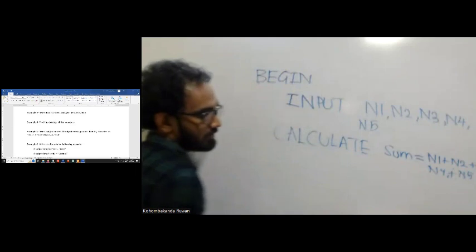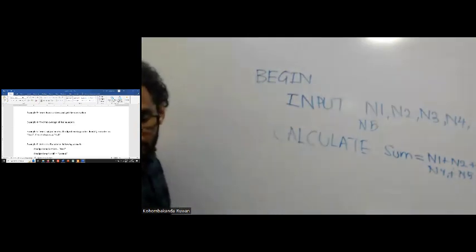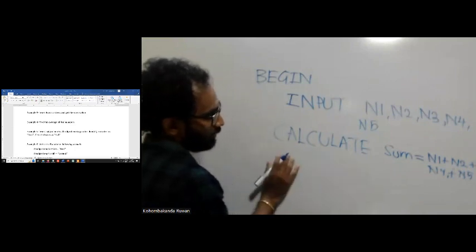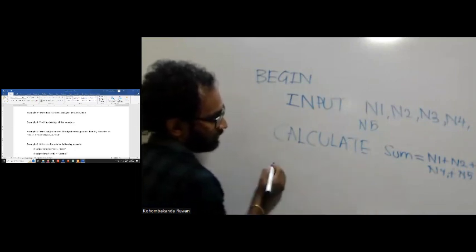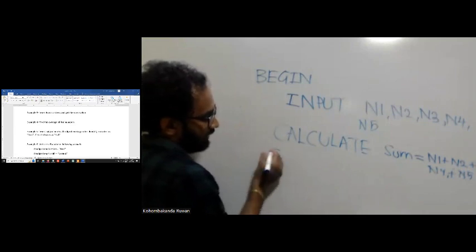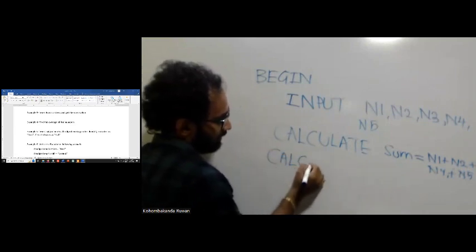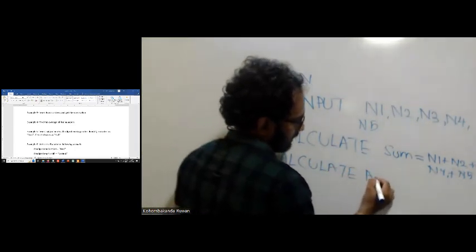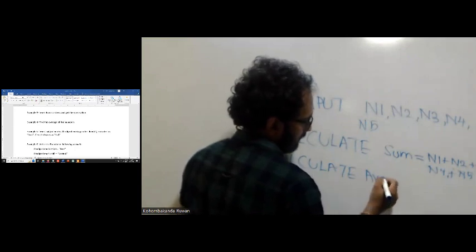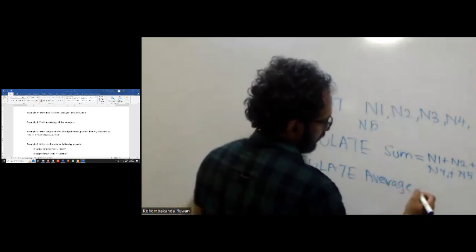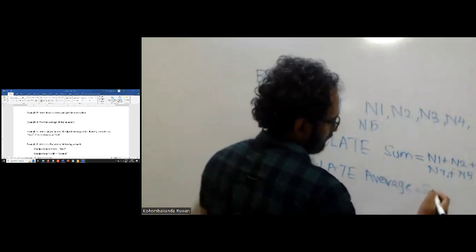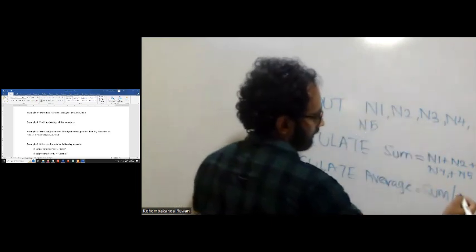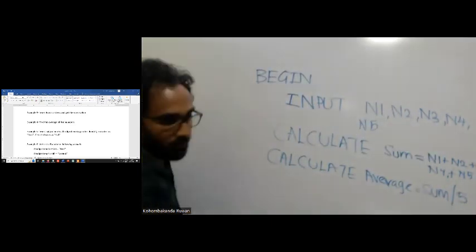Then you get the sum. Next thing is, you can calculate the average. Average equals sum divided by 5, isn't it? 5 numbers.